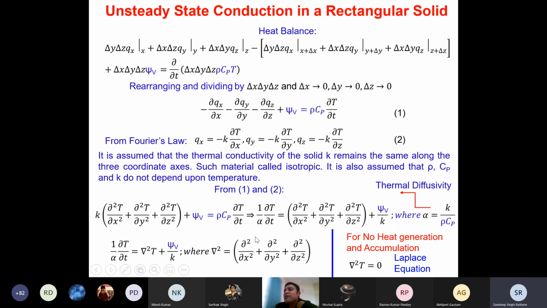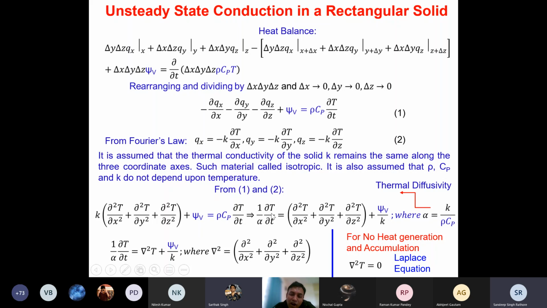Your boundary condition will be at x equals to infinity, your temperature T becomes T infinity, something like that. So non-dimensionalization basically gets rid of that difficult boundary condition which you otherwise have.